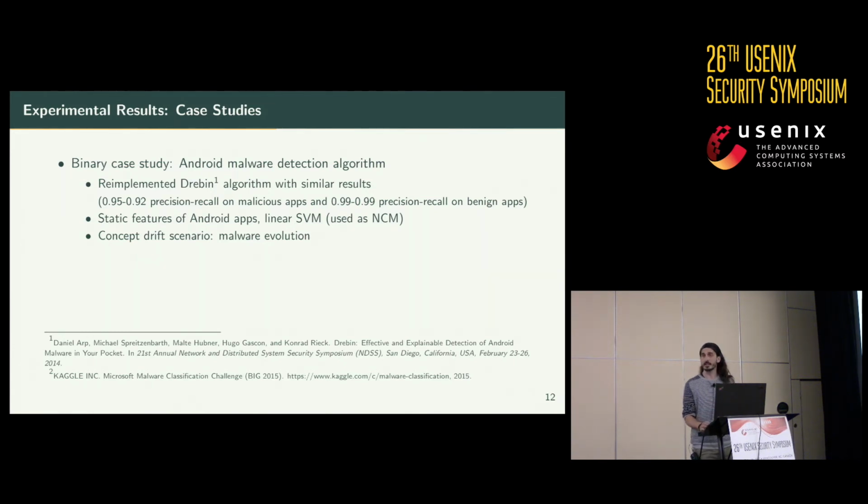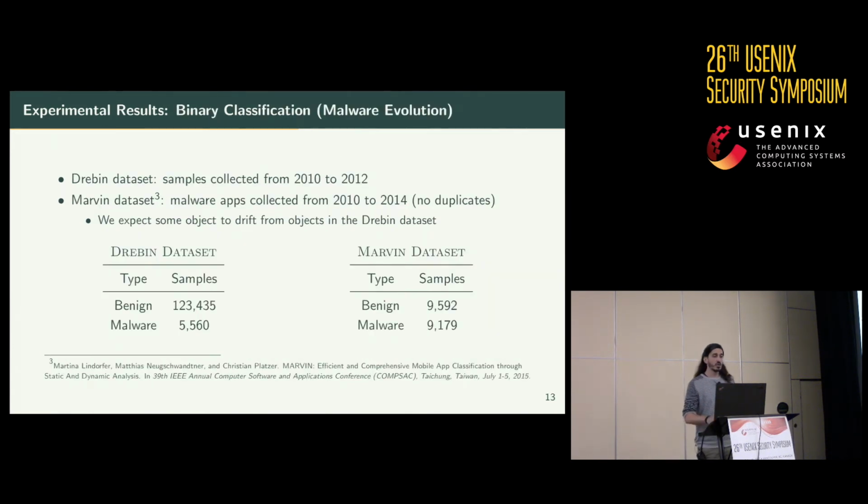In our binary classification, we use two data sets. One is the original Drebin dataset, which has samples collected from 2010 to 2012, and it has more than 100,000 benign applications and more than 5,000 malware applications. We also use the Marvin dataset.